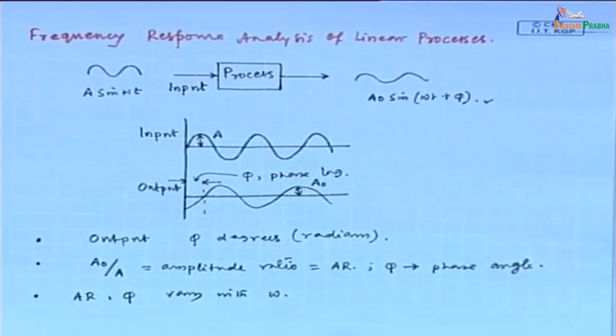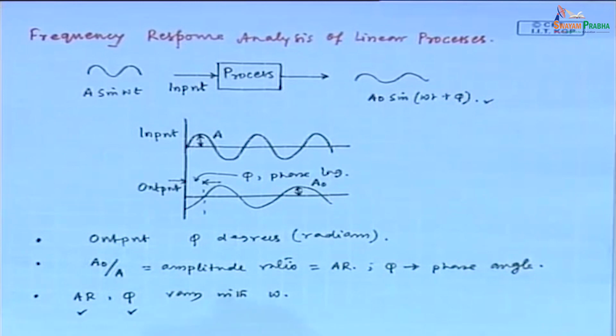How the amplitude ratio and phi vary with omega is the main concern of frequency response analysis.